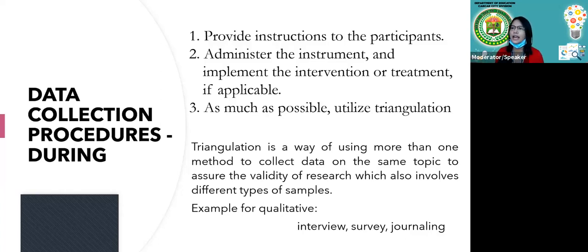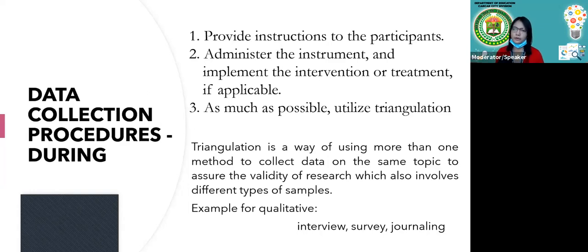Then, of course, you have to provide instructions to the participants. Make sure you both have an understanding on what they are going to do. Okay, next is you administer the instrument and implement the intervention or treatment if applicable. So you administer the instrument.